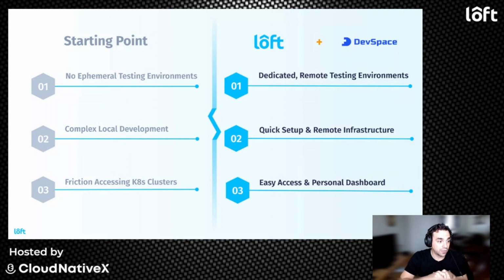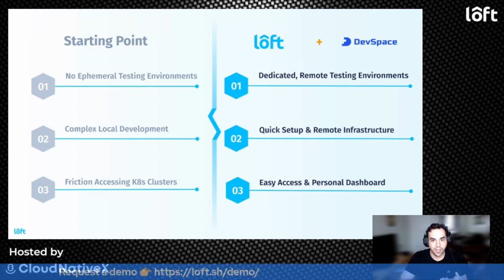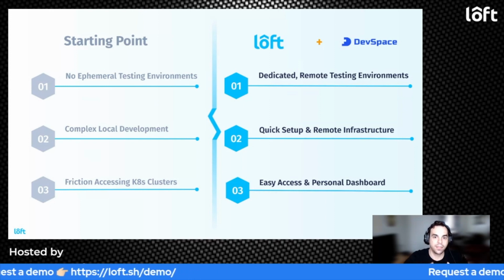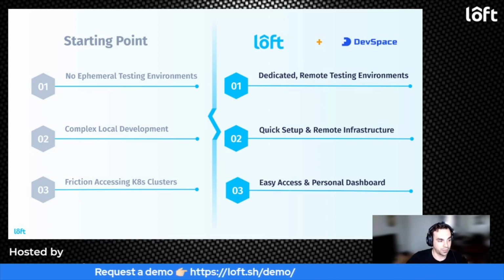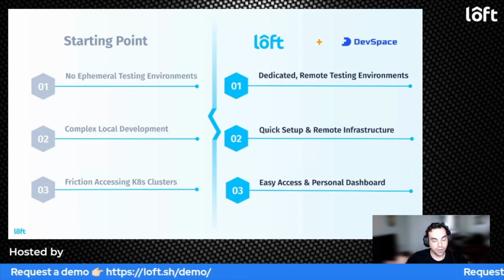I think there's still a lot more benefit that we can unlock with Loft and DevSpace. A really important learning from this implementation is that getting the initial implementation up and running is fairly straightforward. The devspace YAMLs are very similar to how you would configure Docker.